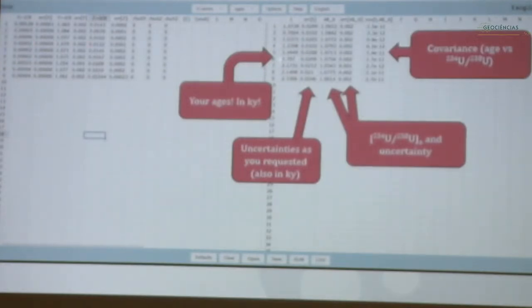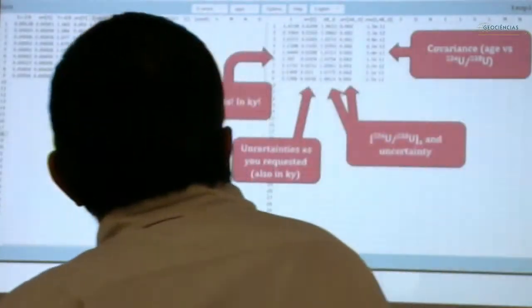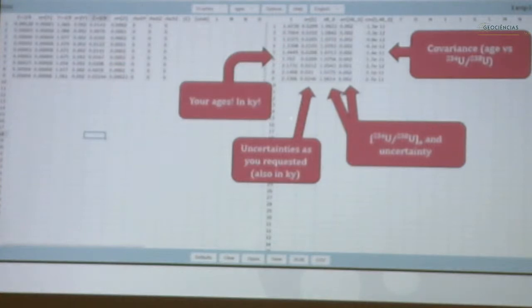These ages are in kiloyears with their corresponding uncertainty, and you have the initial 234U/238U, which Kathleen talked to you about earlier, which might or might not be relevant. The initial 234U/238U, the uncertainty, and the covariance between age and 234U/238U.